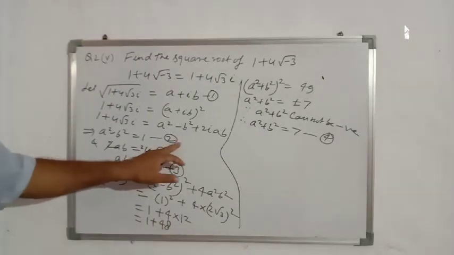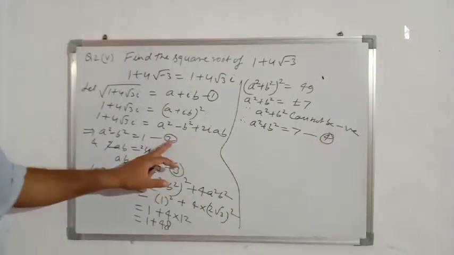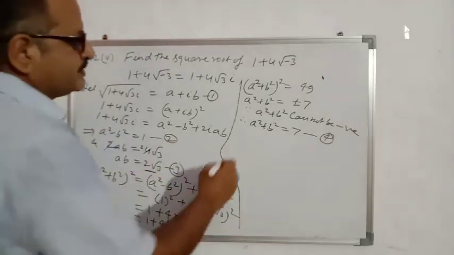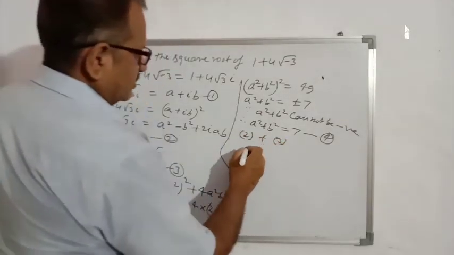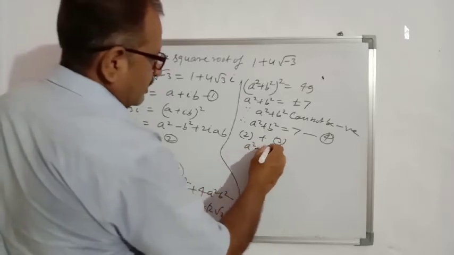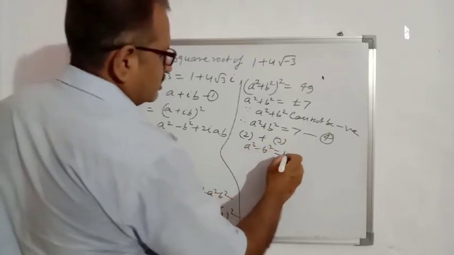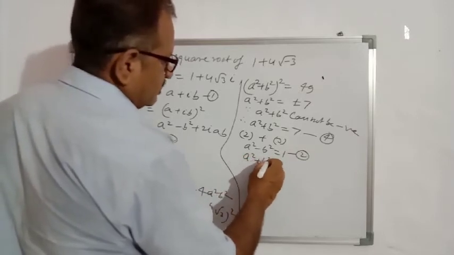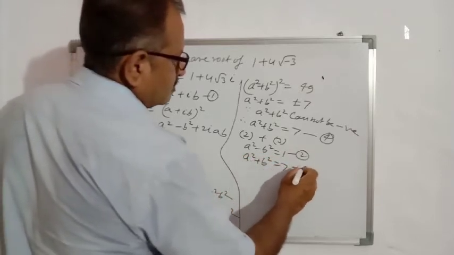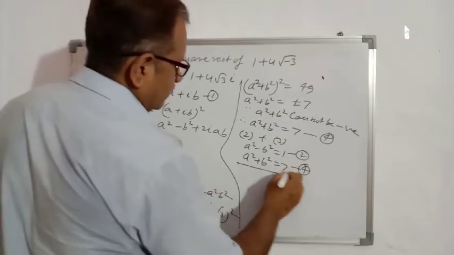Now we will solve the second and fourth equations. Adding: a square minus b square is equal to 1, and a square plus b square is equal to 7.